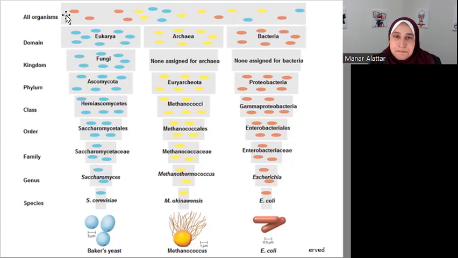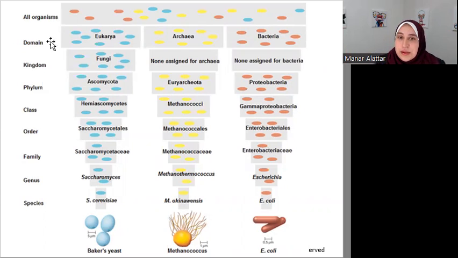So here you see all organisms, right? All organisms. And then we start to look at them in more and more similar groups. As you know, we have 3 domains of life: eukaryotes, bacteria, archaea, and these are distinct groups of organisms that have within them similar characteristics, but they also have a significant amount of diversity.